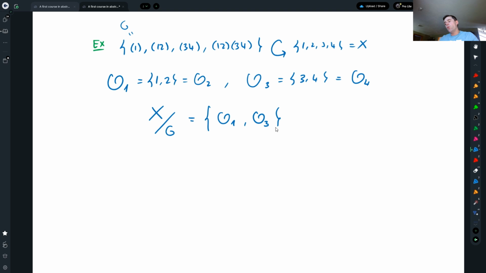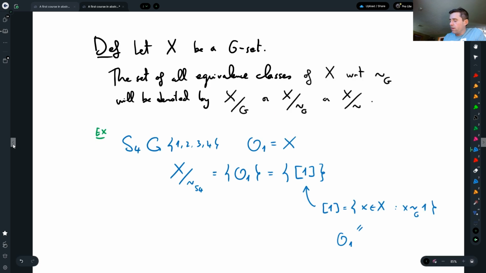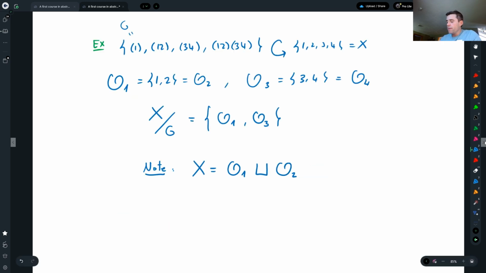Okay, so now we have two different sets, and notice that X is partitioned as a disjoint union of these two orbits. Similarly, in the previous case, it is partitioned into disjoint orbits, though there's only one orbit in that case.